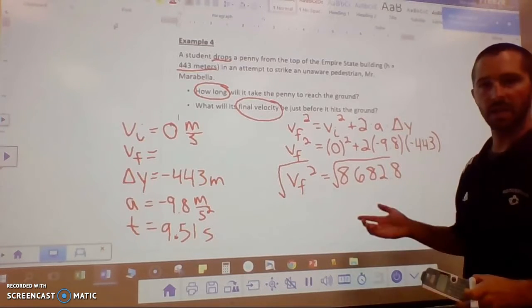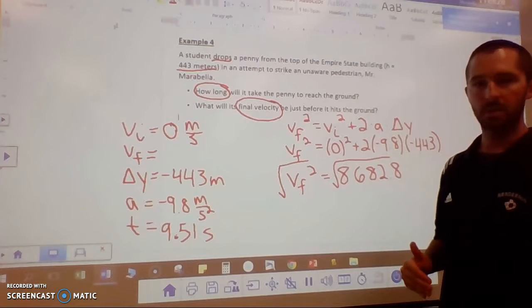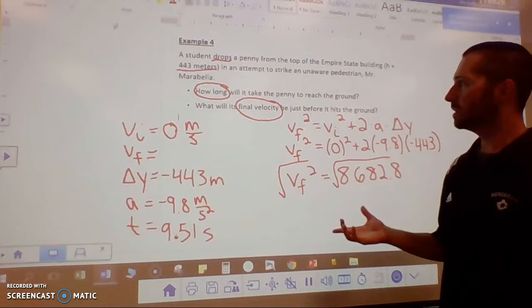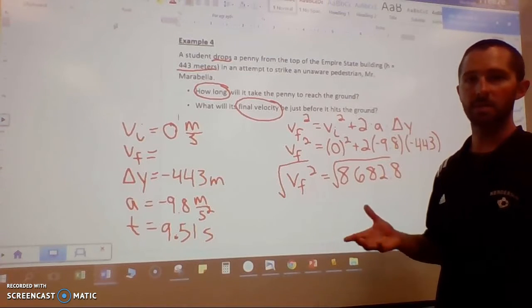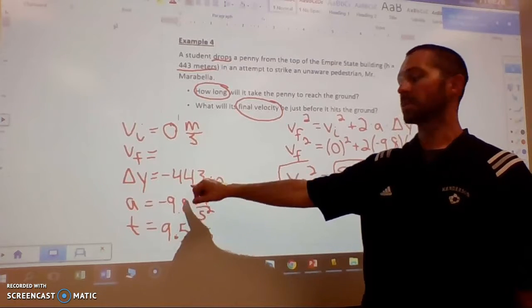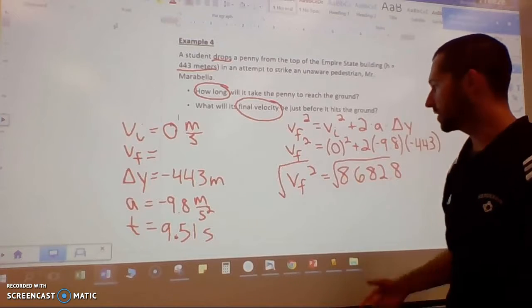Now we've got to remember, when we're taking the square root in mathematics, we end up with a positive and negative value. This leads to a little decision making on our part. Should the final velocity be positive or negative? Well, if we've established that the object's falling downward, down the negative direction, it's being accelerated in the negative direction.